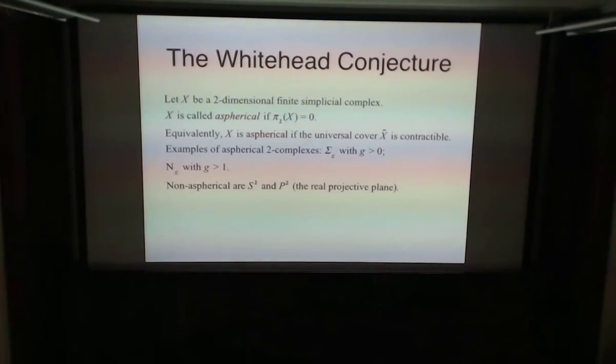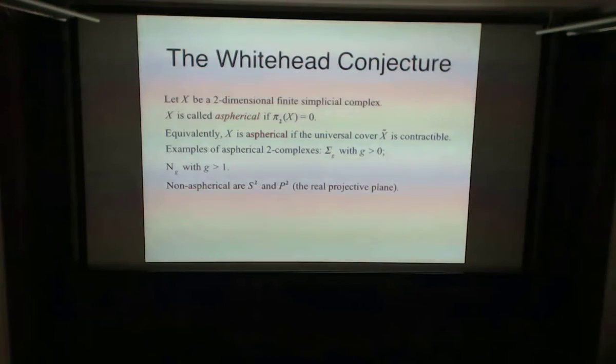Okay, so now I come to the Whitehead conjecture. This is a deterministic question, which is still open, and it is the following. It was raised by Henry Whitehead in the 1940s.